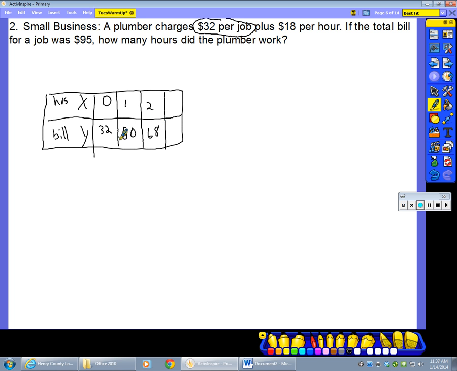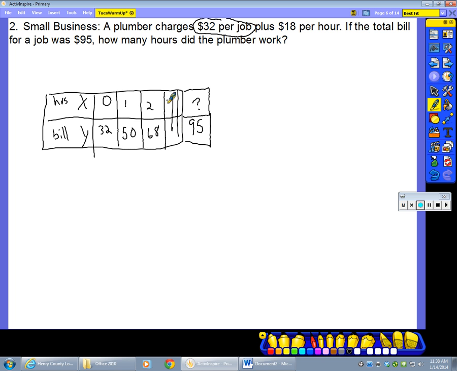I want to point out that he's not charging the $32 again because he's only showing up the one time, the one job, okay? And so then he's going to just add 18 from there. So I could keep going until finally I reach where he's got the bill for $95, and then look up and see whatever number of hours he worked was.